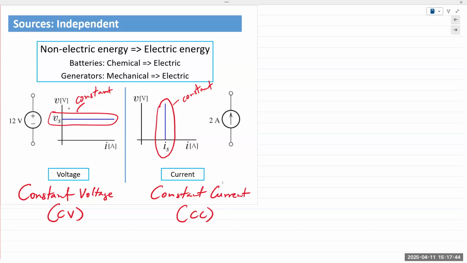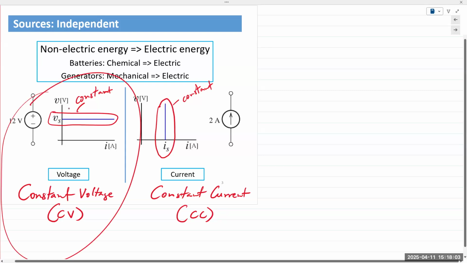Otherwise, you will end up blowing something out. So always set the current limit. If you're unsure, ask your lab instructor, what is the current limit for today's lab? Always set the current limit first, because a voltage source is going to change the current while keeping the voltage constant.